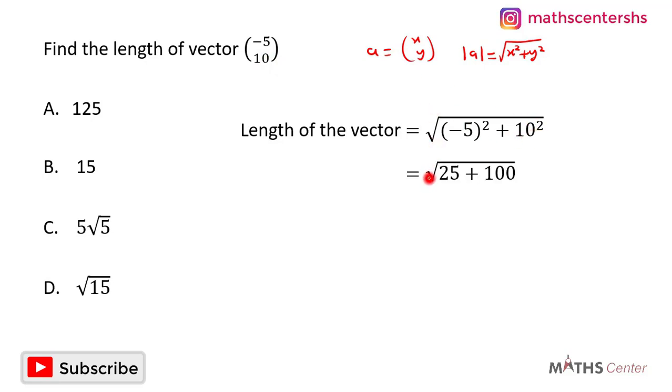This will give us square root of negative 5 squared is 25. 10 squared is 100. And this is equal to square root of 125. When we reduce square root of 125 to its simplest form, we are going to have 5 root 5. So the length of this vector is 5 root 5. When we look through the options, we can see that the correct option is C.